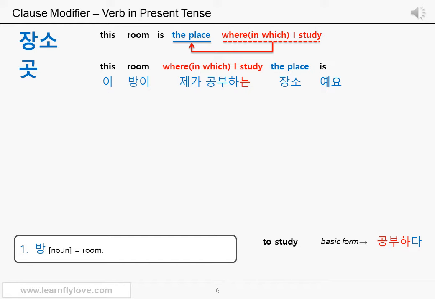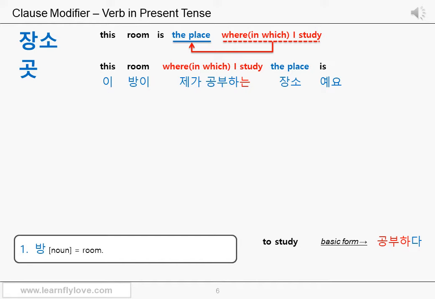This room, 이 방이. Where I study. 제가 공부하는. The place. 장소. is. 예요. 이 방이 제가 공부하는 장소예요.